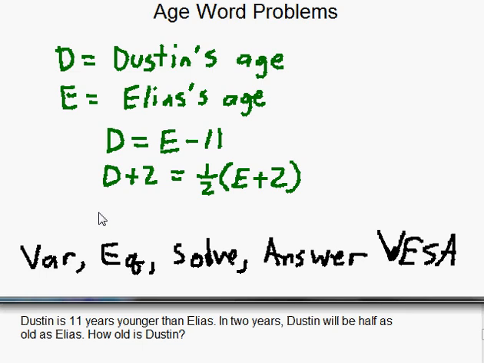So this is E minus 11 plus 2 equals 1/2 of E minus 11. Oh, yeah, you're right. That doesn't get substituted as E minus 11 because it's already an E. Thanks, Abigail. So that's an E plus 2.